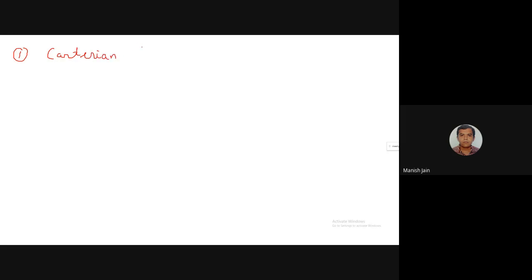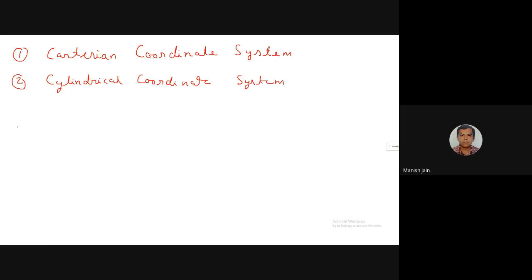So there are three types of coordinate systems. First, Cartesian coordinate system, second, cylindrical coordinate system, and third is the spherical coordinate system.